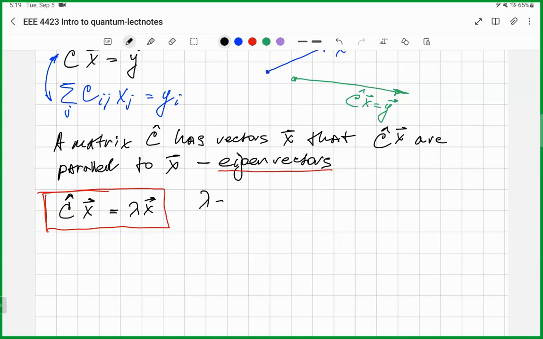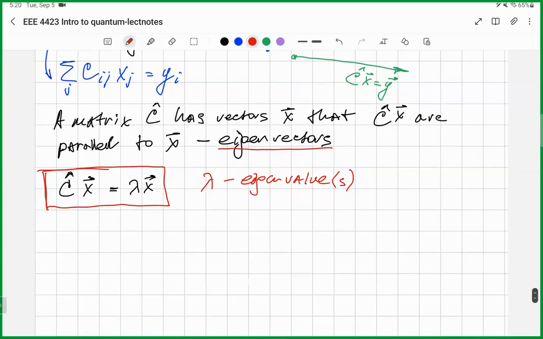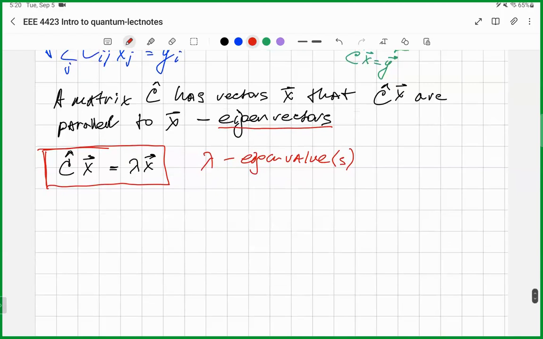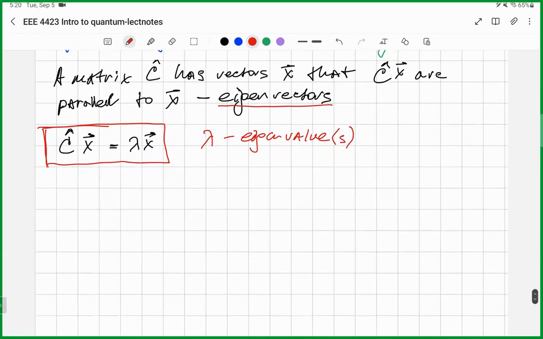So lambda is the eigenvalue, or values. Usually for a two-dimensional space, for two-dimensional vectors, we get two eigenvalues, unless they are the same.